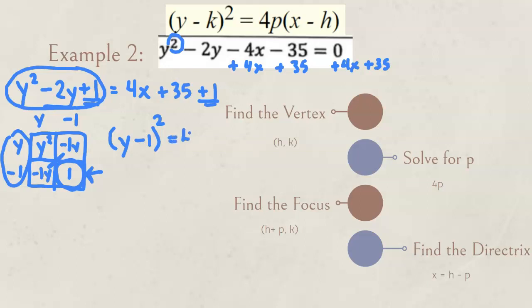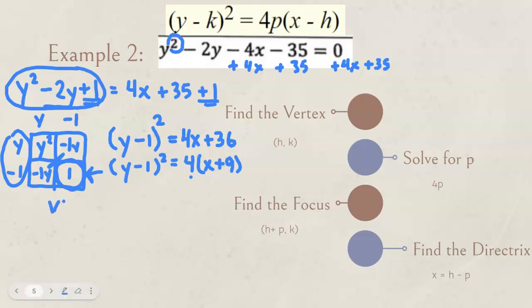And then on the other side, I have 4x plus 36. Well, I can factor a 4 out of both of these two terms, so I have 4 times (x plus 9). And so this is now in the standard conic section form for a parabola. It is a sideways facing parabola. It is opening to the right because p is positive.